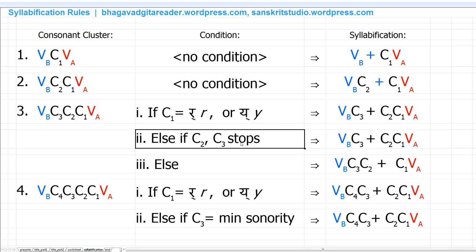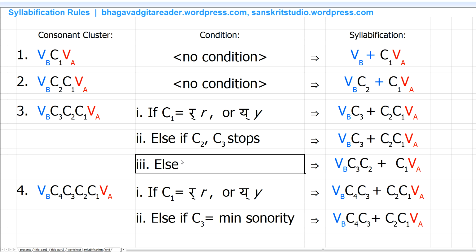What about condition 2? If C2 and C3 both are stops, that is the condition. But in the case of drstva, C2 and C3 are not both stops, because C3, the leftmost consonant there, is a sh, so it's not a stop.